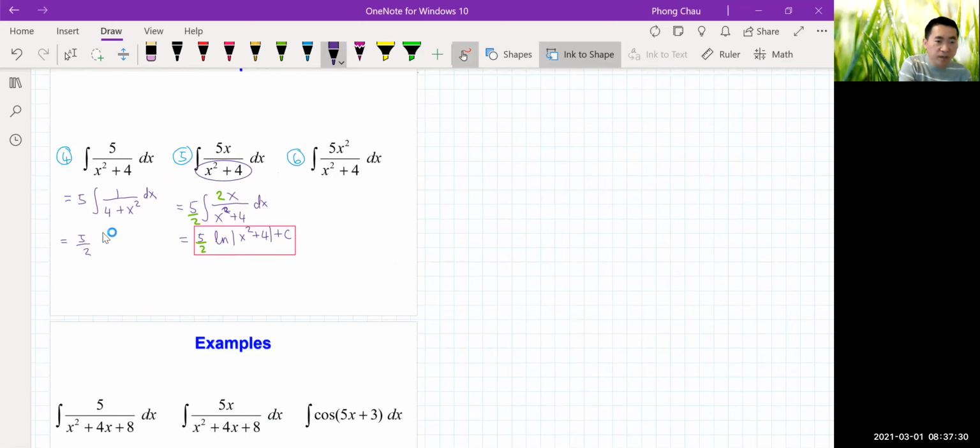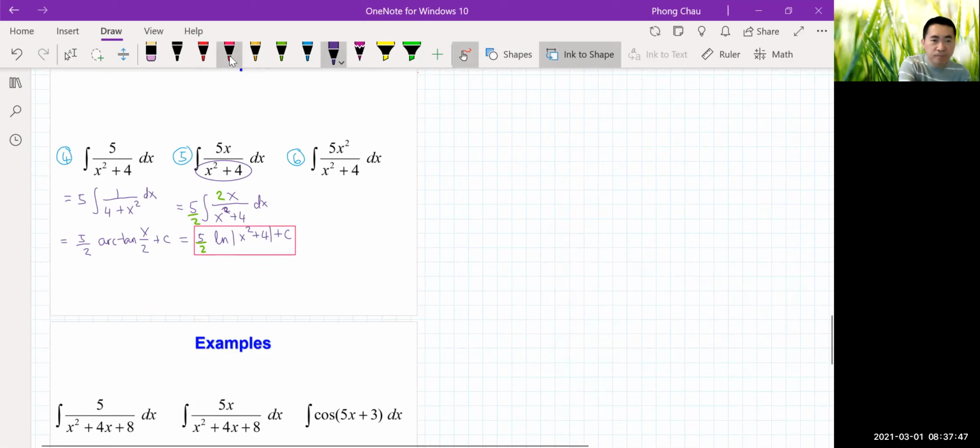So 1 over a is 1 over 2, and you have arctangent of x over a, again 2, plus c. That finishes number 4. That's 5/2 arctangent of x over 2 plus c.